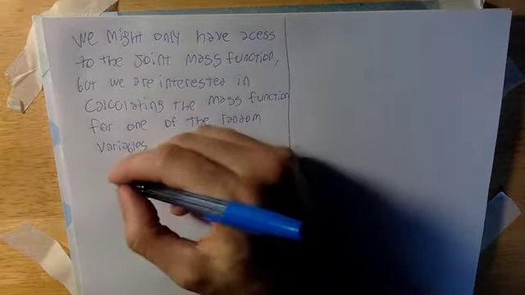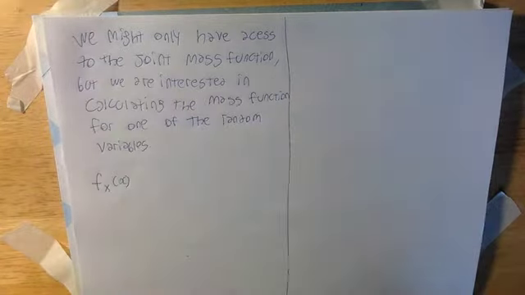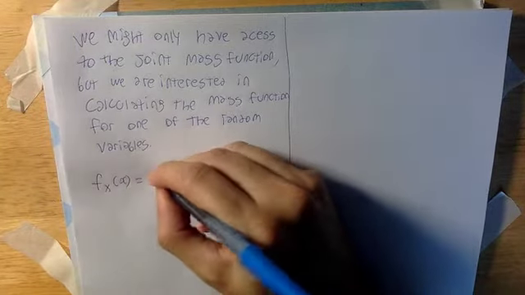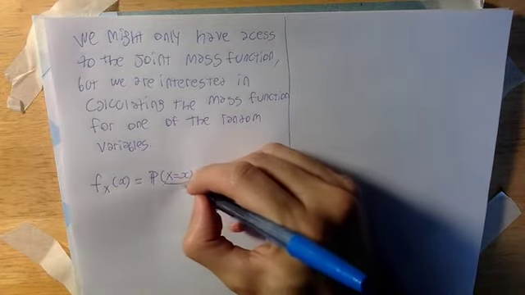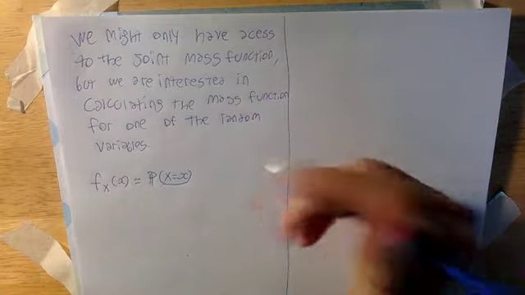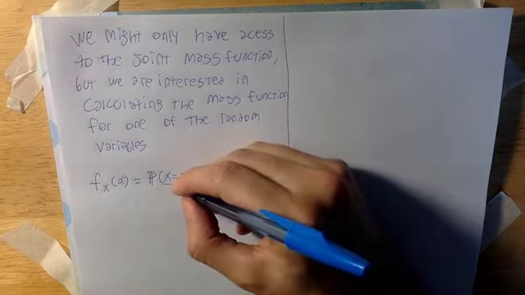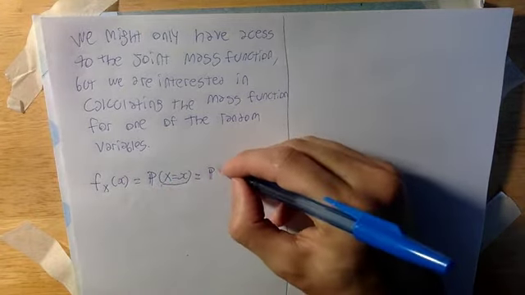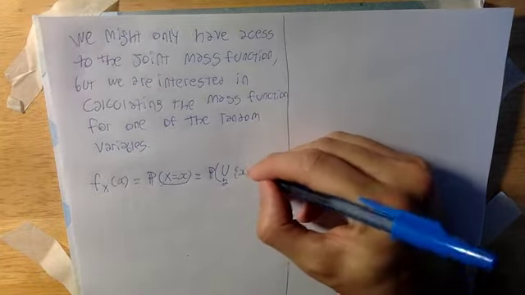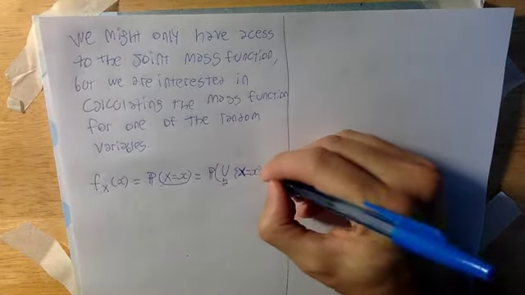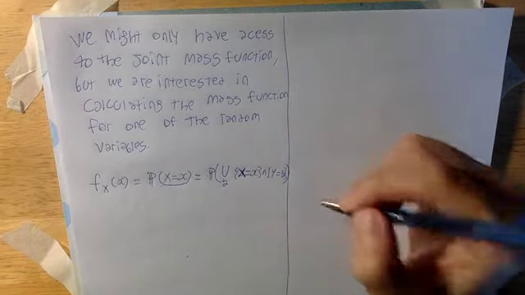So if we want to find f of x at x, this is just the probability that X is equal to x, but this event can be decomposed into a lot of different events that are disjoint. X equals x is equal to the union over all the values y of the set capital X is equal to little x intersection capital Y is equal to little y.